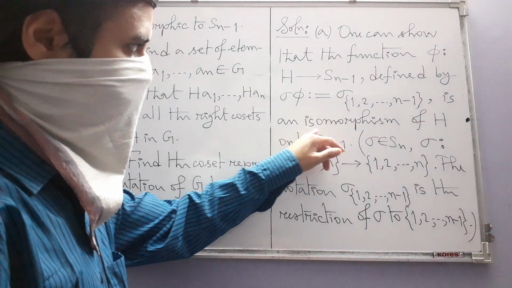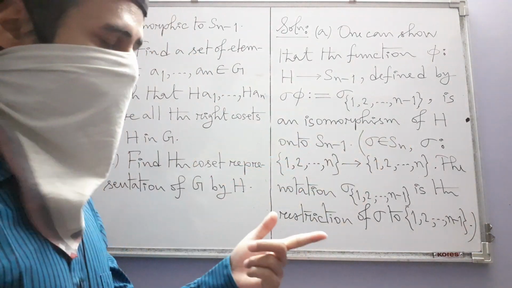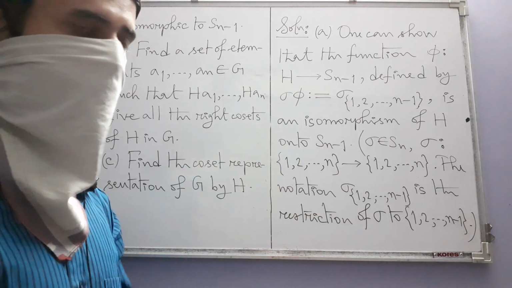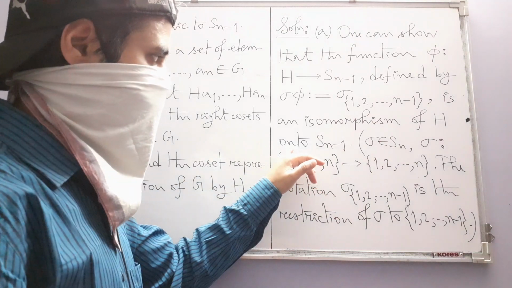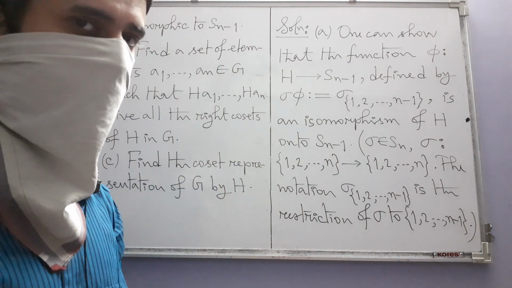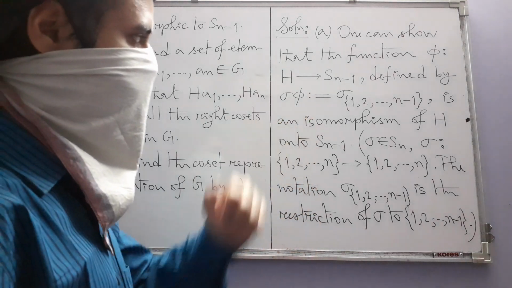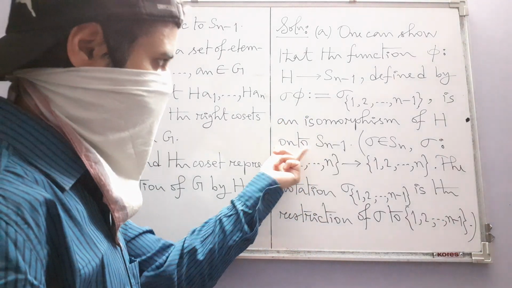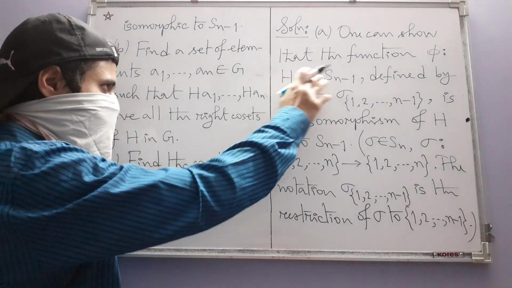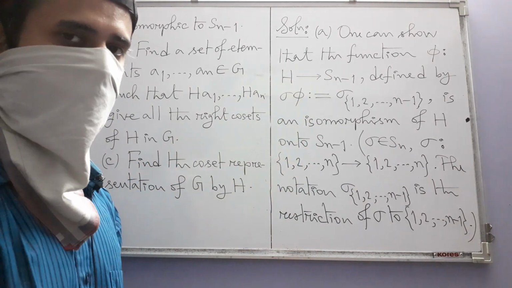That makes it an isomorphism, and then it's onto as well. Keep in mind, in this book, isomorphism does not automatically mean onto. Isomorphism only means one-to-one. That is, injective homomorphisms are called isomorphisms. For onto-ness, you have to again show it. So that's how H becomes isomorphic to Sn minus 1.